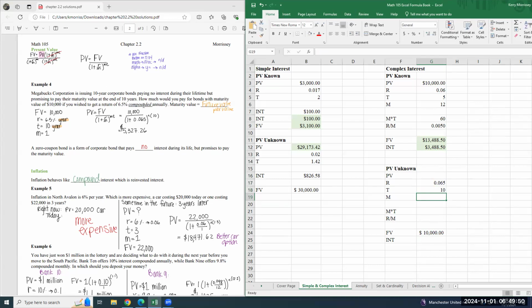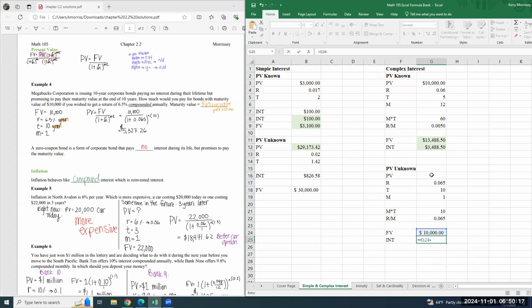And then when it says compounded annually, that would be just the one time a year. So we'll do M times T. And R divided by M.